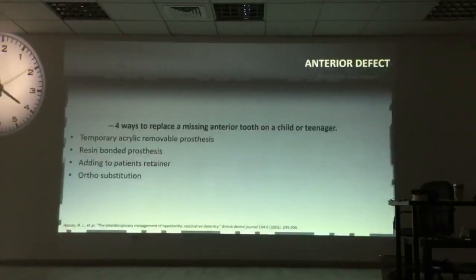Four ways to replace a missing central tooth on a child. So you will drift the lateral into the central and then grind. Sometimes when a patient comes with a missing lateral, there is an option to bring the canine and then place an implant. So it's good. Then add the fifth point, which is the transposition of the next tooth.